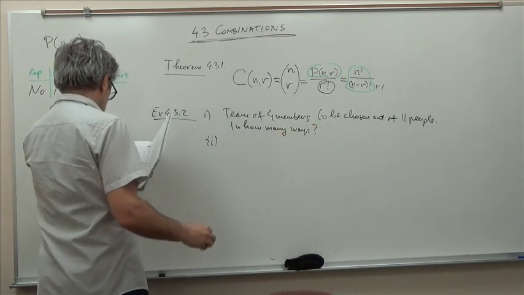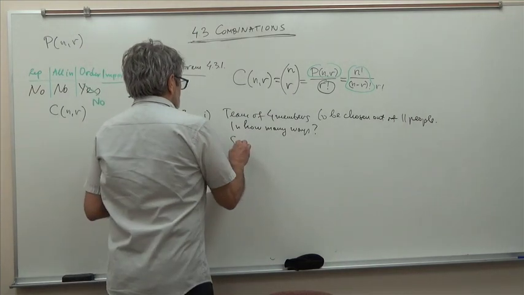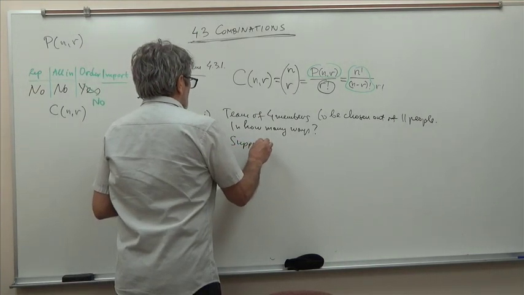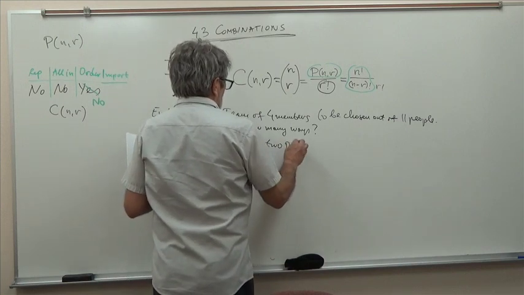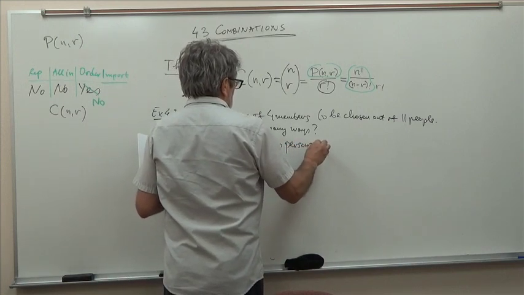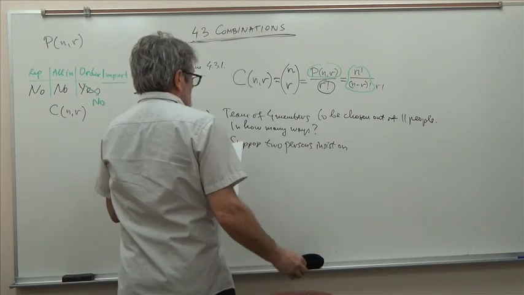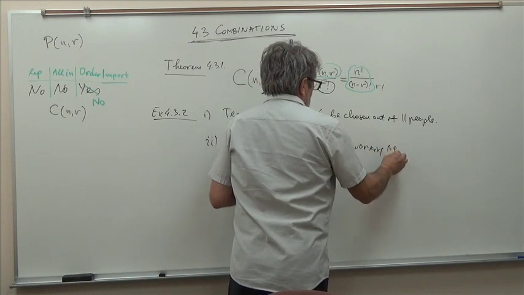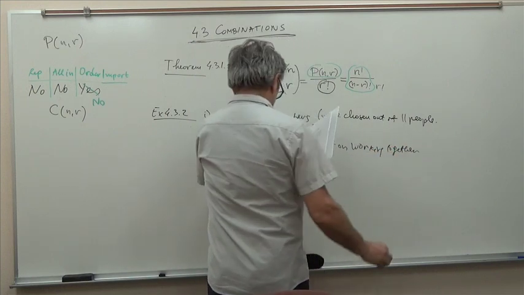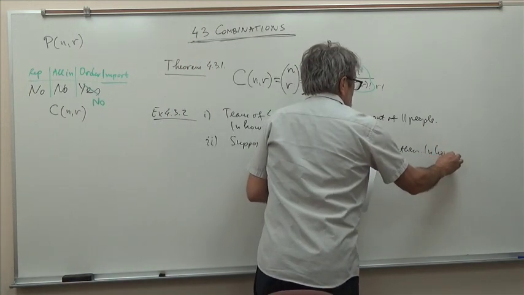I'm making a little shorter sentence, you have completed. And then a little restriction, suppose 2 persons insist on working together on a team. In how many ways can you choose it?